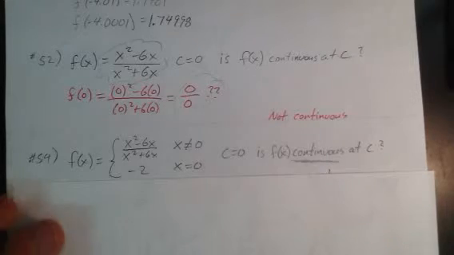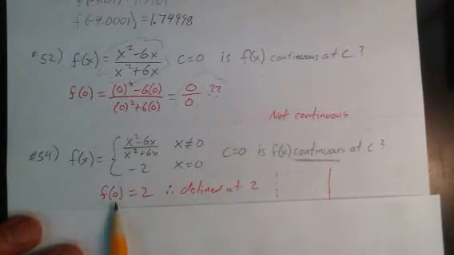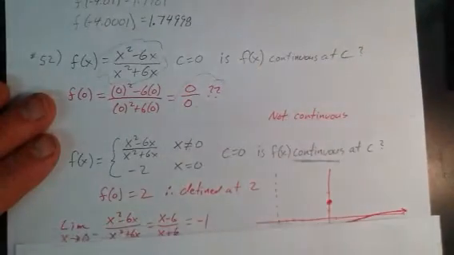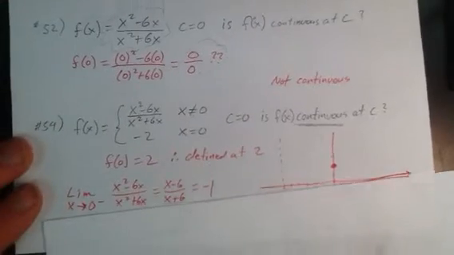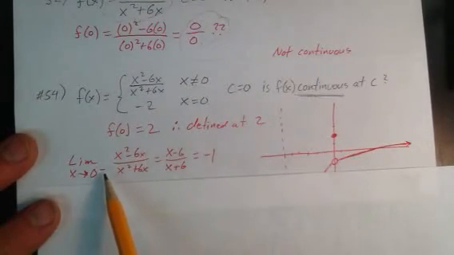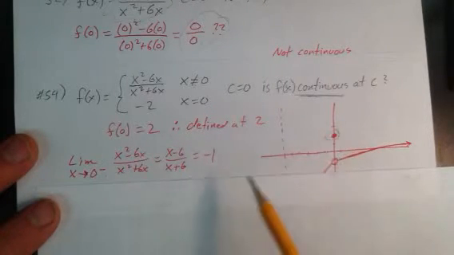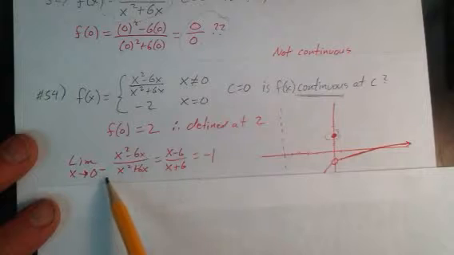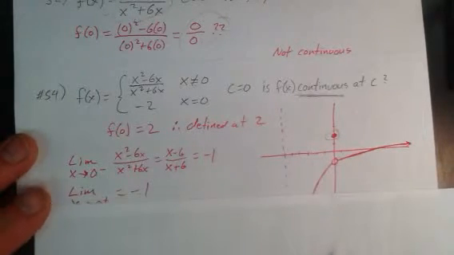Well, let's find out. I know I'm defined, and if I go to graph this, I said, this function is defined at 2. This function right here has a limit. Turns out that this has to be a hole.